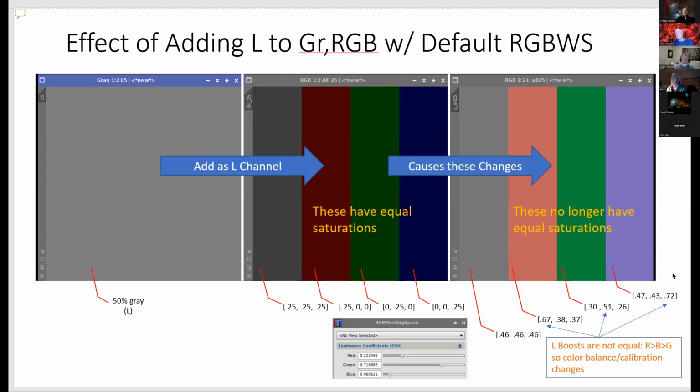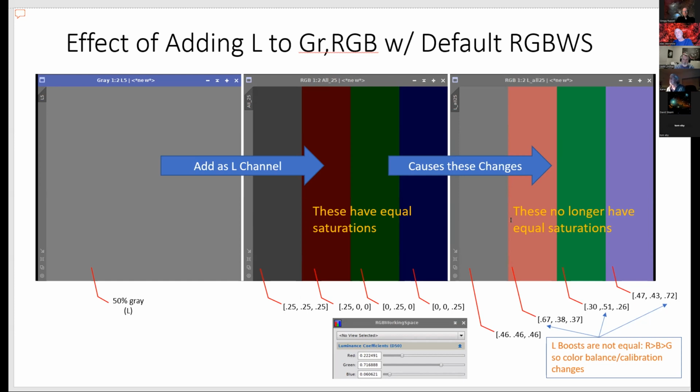What's happening is the saturation is changing. Saturation in an image is defined by the amount of white that you have. If you took a pure red image here, this has 0 white. This one has 50% white added to the RGB, and that's from adding this 50% gray.